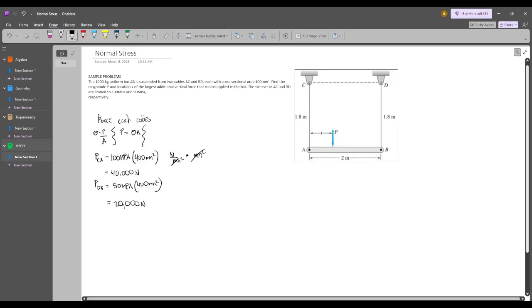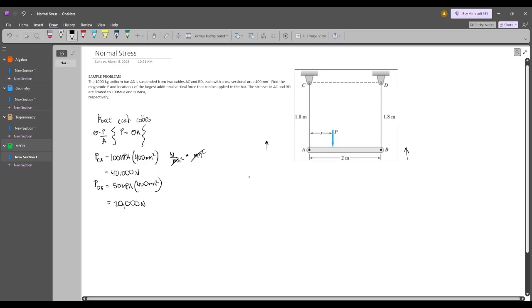And since these are positive, we can conclude that these forces go upwards. Which makes sense, because if they both went downwards, they'd crash. There you go. Next step.